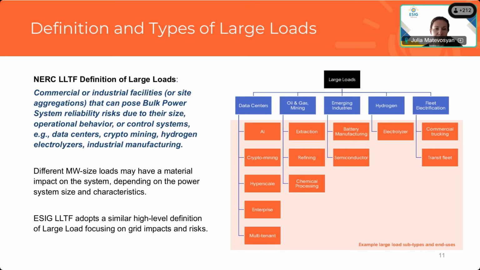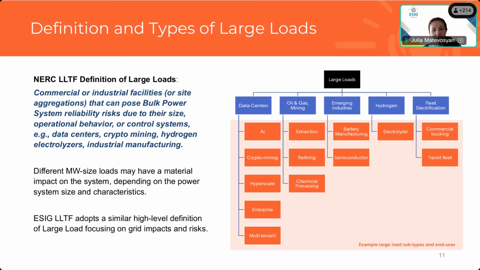This is to say that in different systems, what's large and what's impactful can be different. Even within the same system, depending on where the large loads are connecting, in a stronger grid a large load will not have a big impact, whereas in a weaker grid even a smaller electronic load can have significant impact.